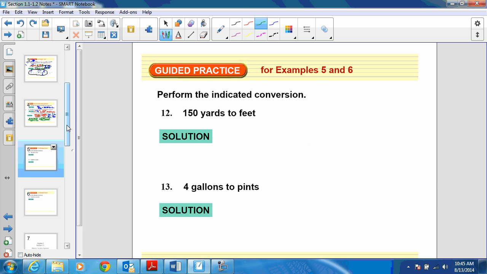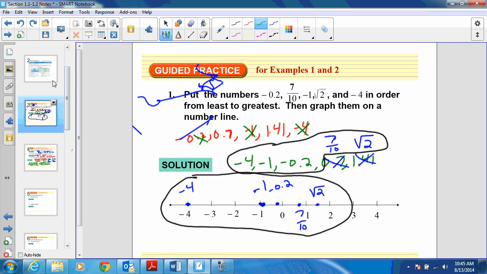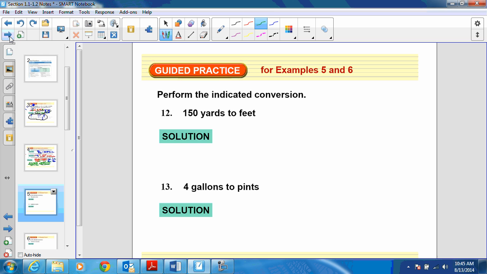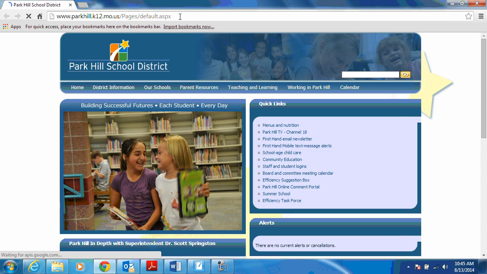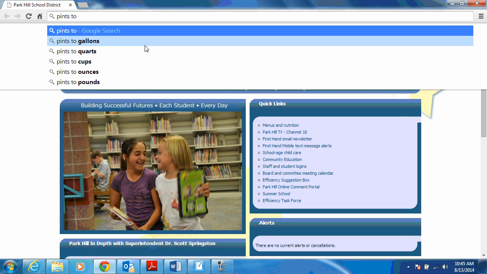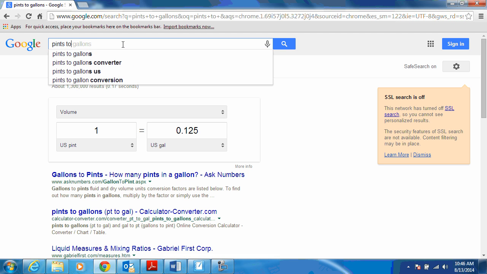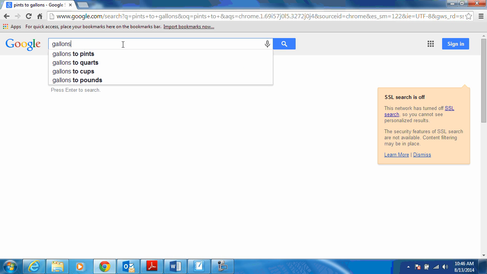Actually, it's guided practice. So why don't you try these ones on your own? Change 150 yards to feet, change 4 gallons to pints. I'm going to look up real quick, give you guys that information. You can always just Google these conversions if you're not sure.